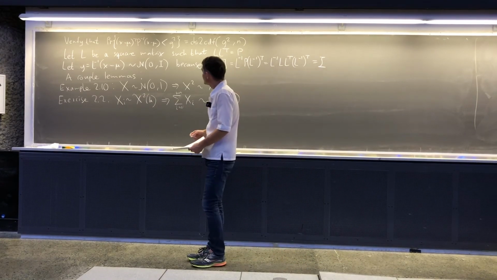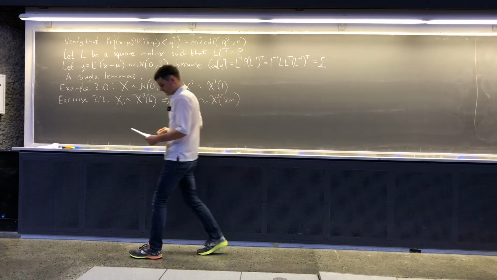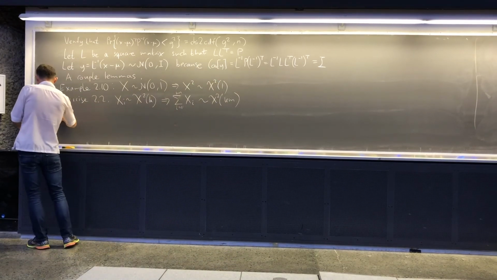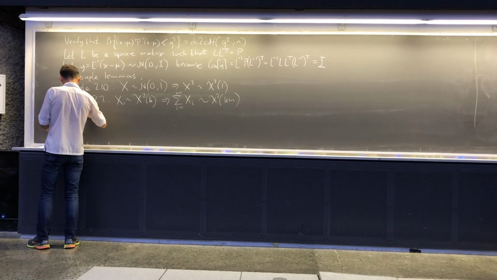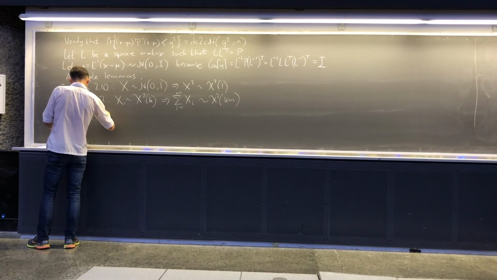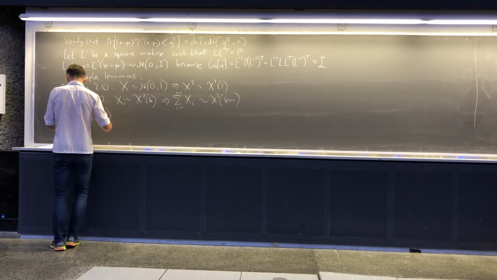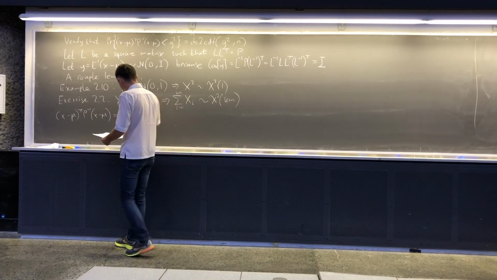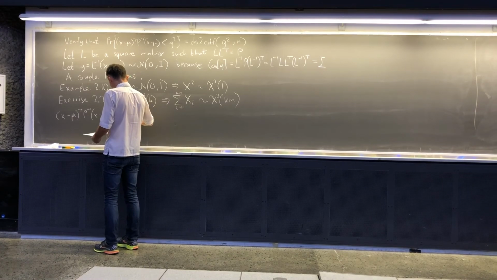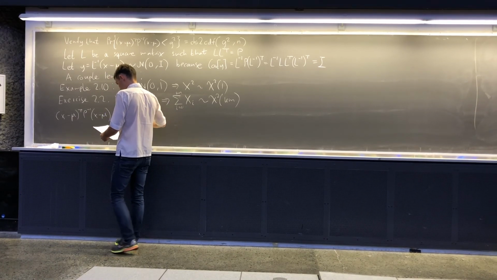Okay, and then let me again look now at the quadratic form. How do you relate it to y? Well, (x minus mu) transpose P inverse (x minus mu) is actually the same as the norm of y squared.